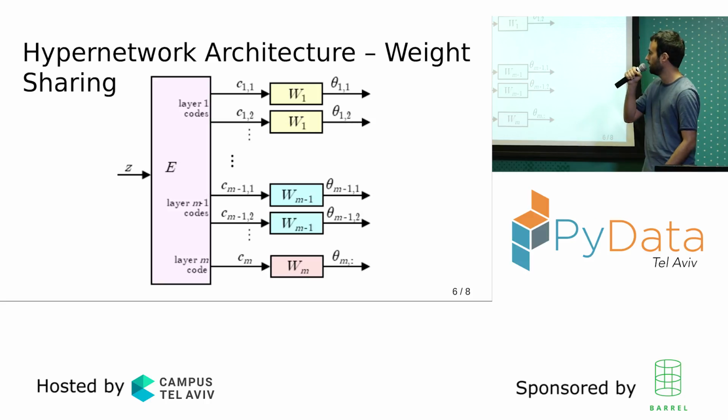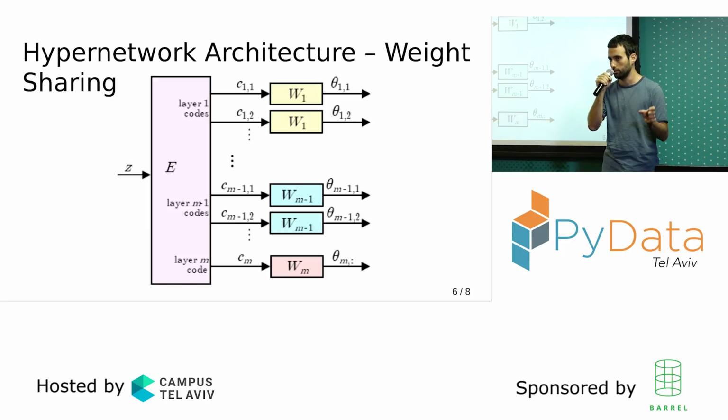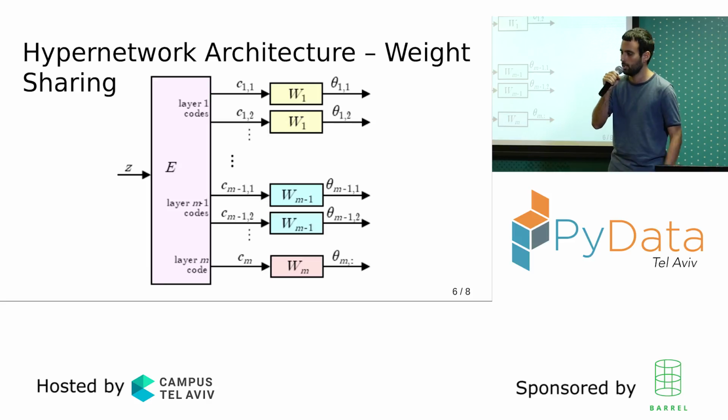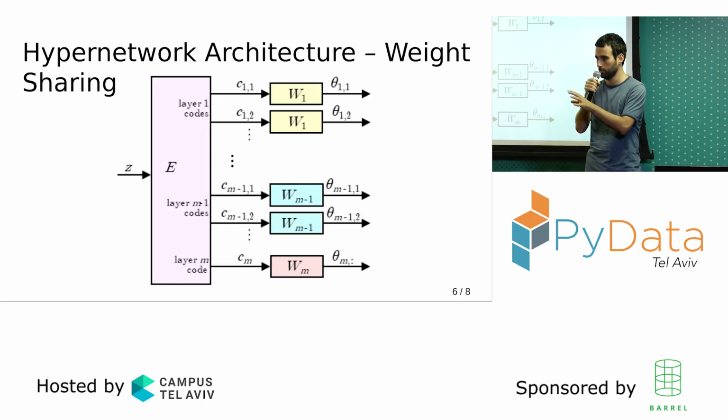So the idea is you take your random vector Z, and you use this block to transform it into a lot of small vectors. Each one of these small vectors is just one compressed representation of a filter in the target network. Now you want to convert each one of these little vectors into the actual weights of the filter.